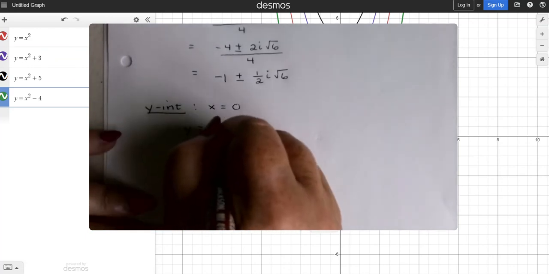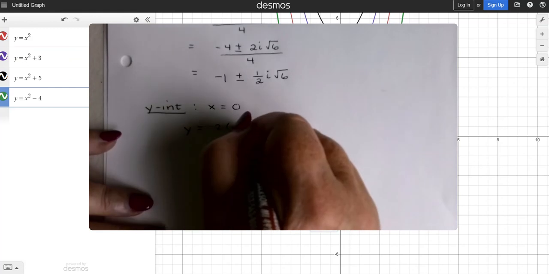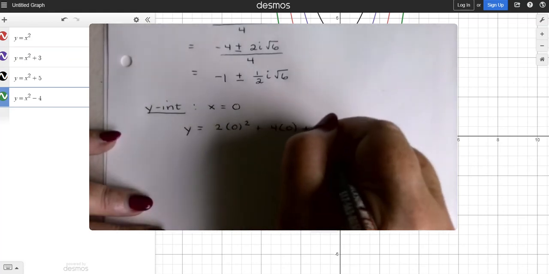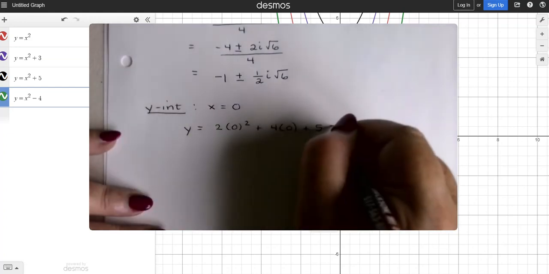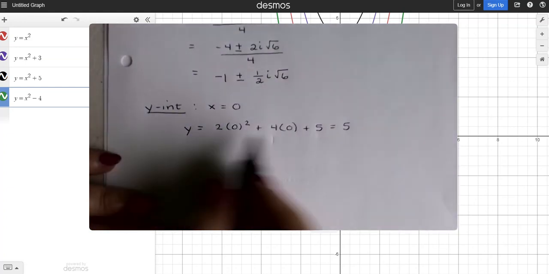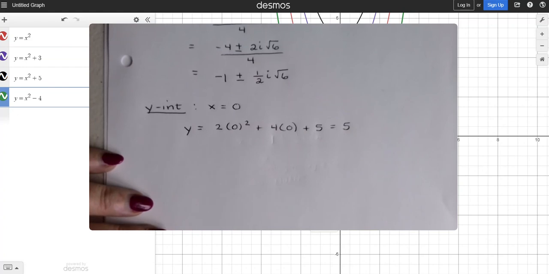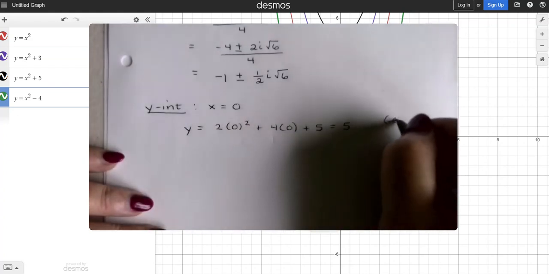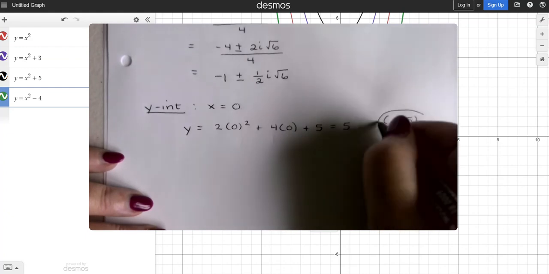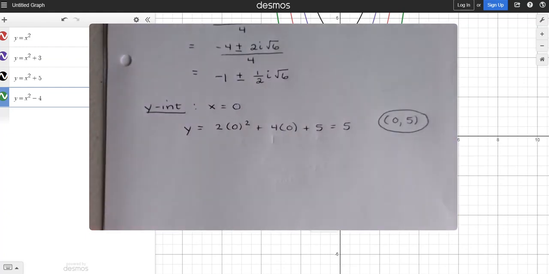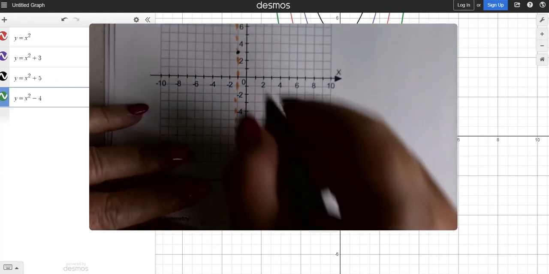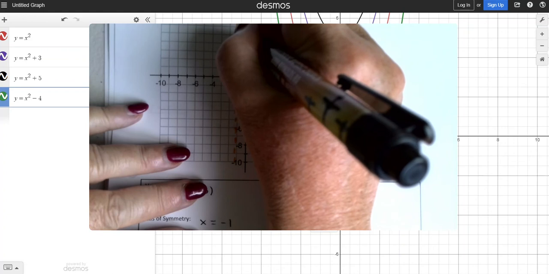So y would be 2 times 0 squared plus 4 times 0 plus 5, which is just going to be 5. The y-intercept's really easy to find for the standard form. And so we're just going to have 0, 5. There.